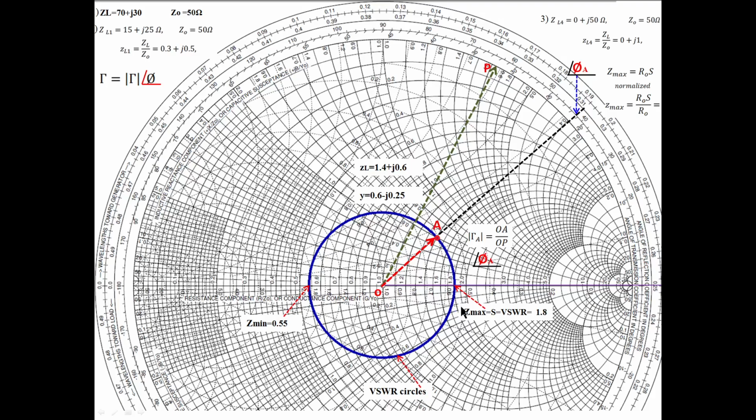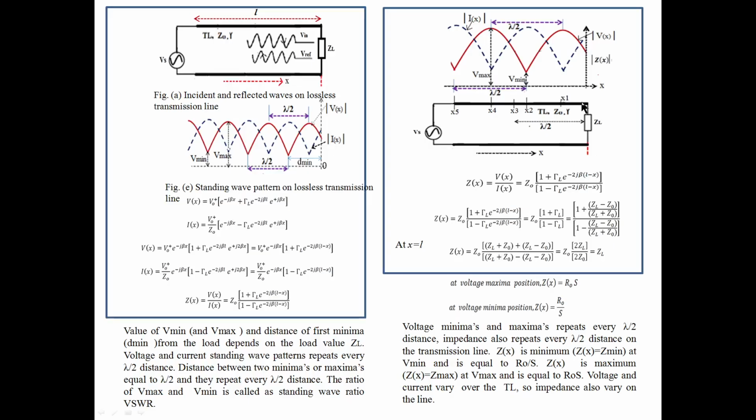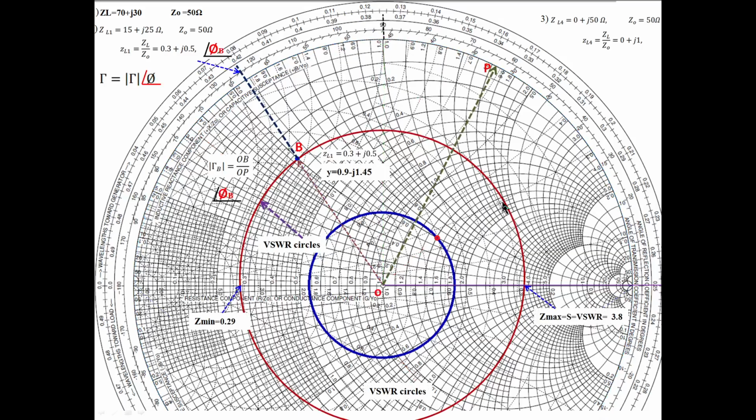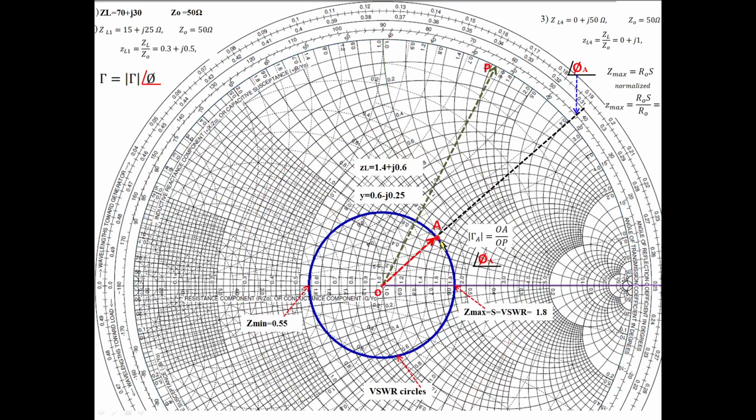On the transmission line itself, if you move like this, we cannot read the impedance variations. But from the Smith chart you can read them, because wherever you stop, you take a resistance value and reactance value, which gives the impedance at that particular position.